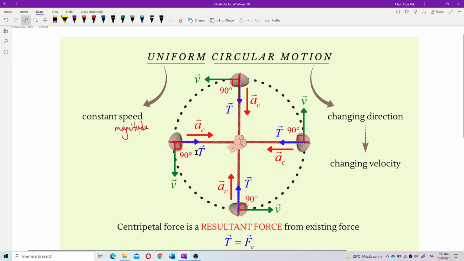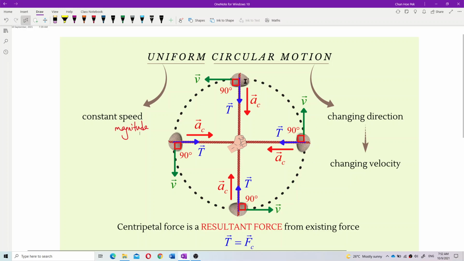But in terms of magnitude, the velocity is always constant. The speed of the object is always constant. But in order to move in a circle, the velocity has to always change direction.